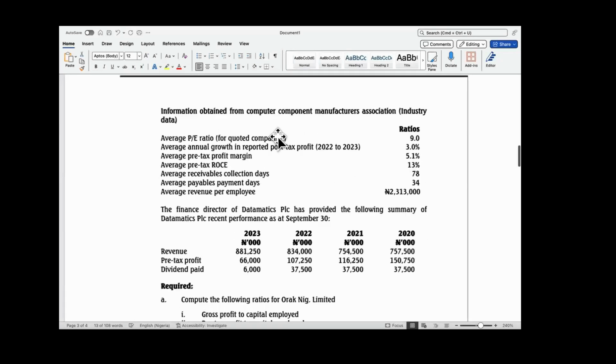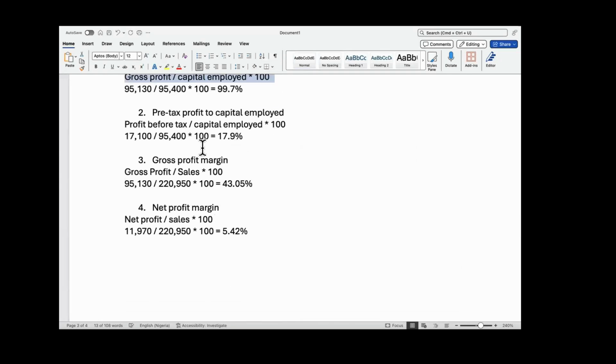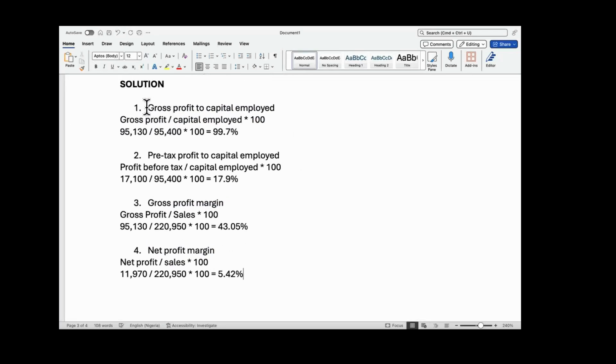Okay, so the next one is non-current assets turnover. Also, may I mention that gross profit margin and net profit margin are profitability ratios as well, so these four are profitability ratios. This particular one that we solved next in this number 2, we can conveniently call return on capital employed. This is the first time the examiner was very specific with regards to the profits they need you to use.